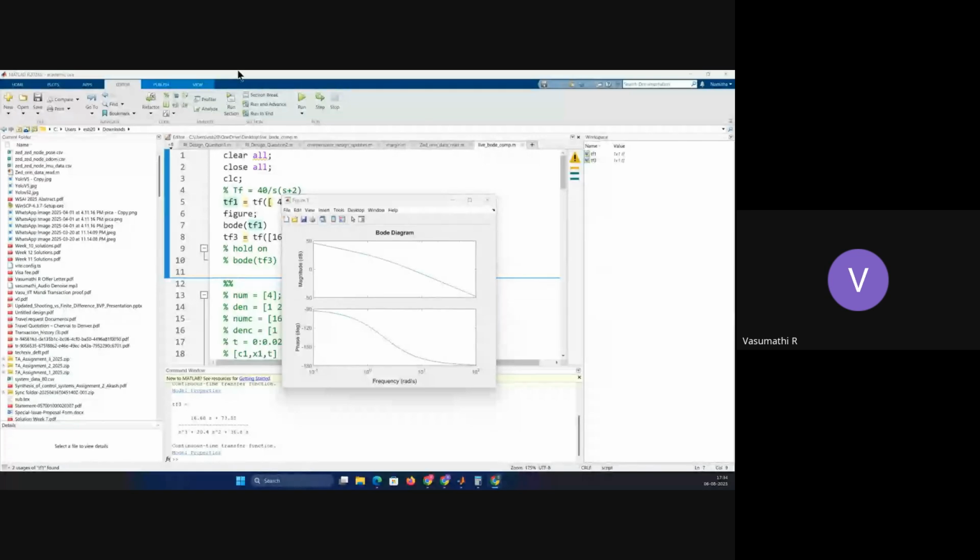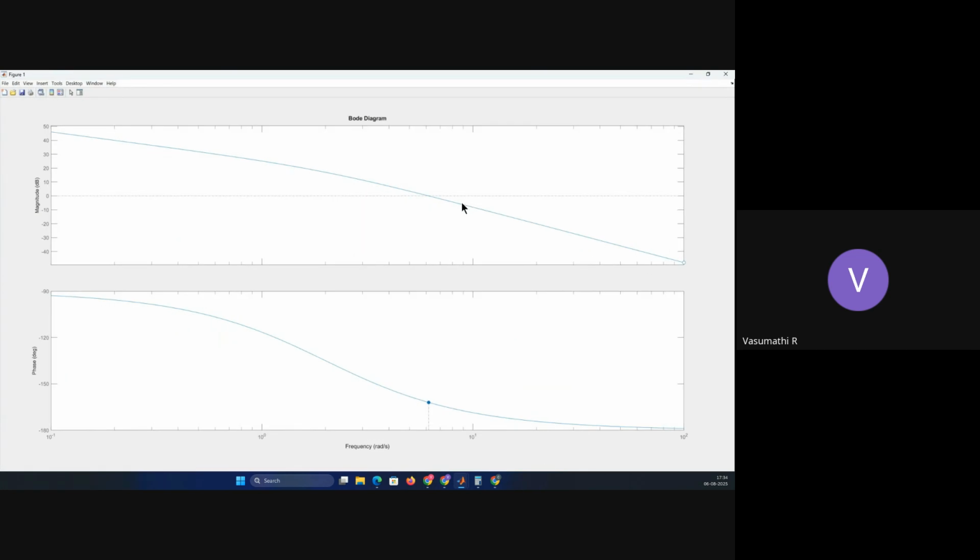Now, in Bode, if you want to see the characteristics, you can right click on this Bode diagram, go to characteristics and all stability margins. If you do that, you will see the stability margin. Since there is no point here, you can understand that the gain margin is infinity.